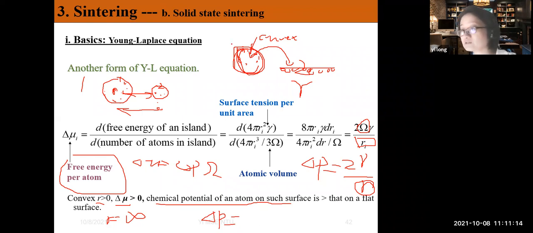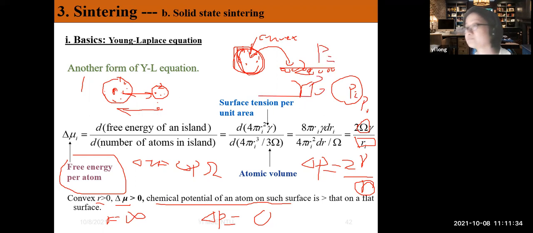Excellent. 0, because only when you have a shape, when you have a radius, will you have a pressure difference, the pressure inside and the pressure outside. When you have a flat surface, the inside and outside are the same already, so they're equal.